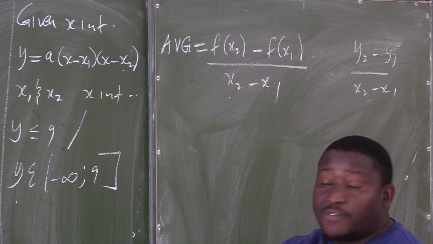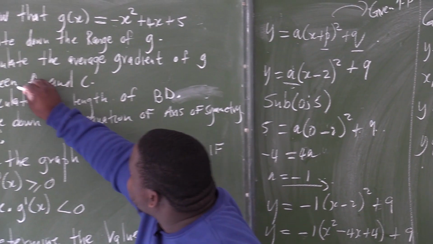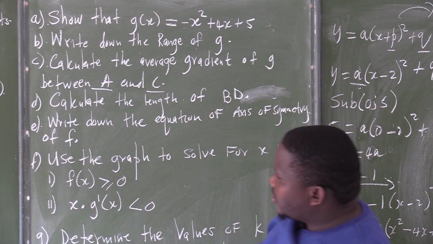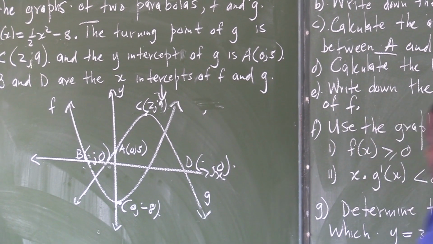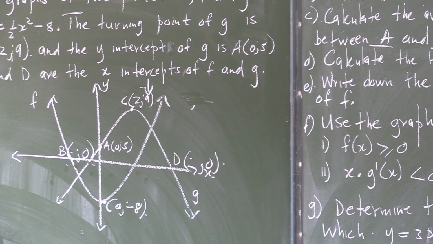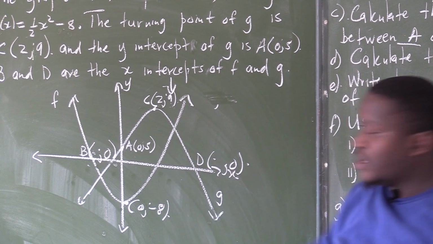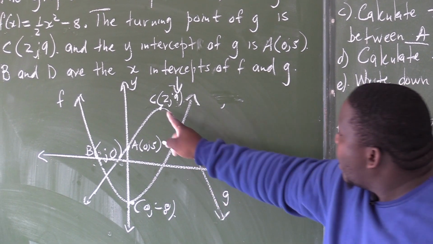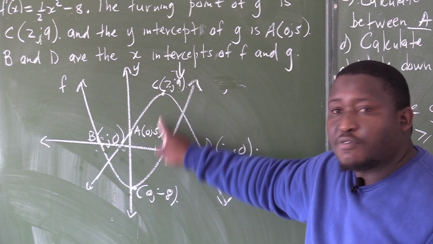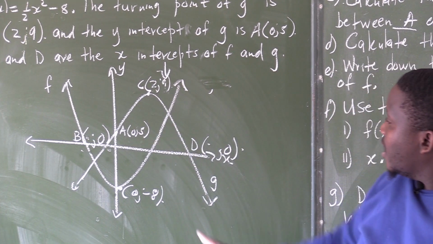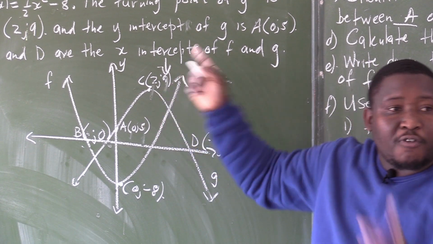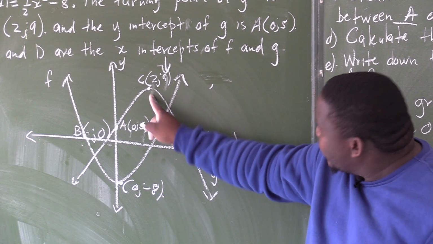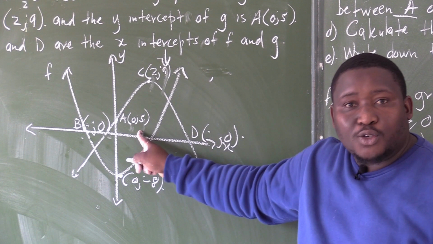Check what our values are, between A and C. I'm given point A, and I'm given point C. It means here I know the values of x and I know the values of y. So you don't have to stress. You can call this one x1, y1, x2, y2, or vice versa. It's up to you.